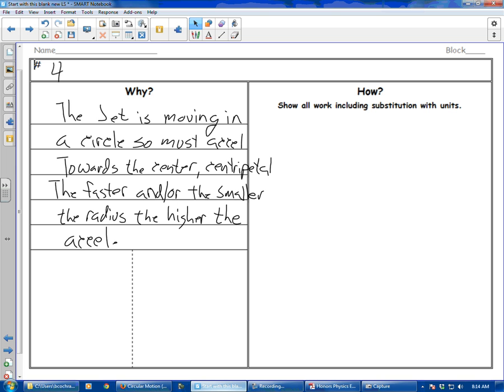You guys okay back there? So showing that I realized that not only does the speed that the jet is moving matter, but also how big of a circle affects the acceleration, the rate that the velocity has to change.